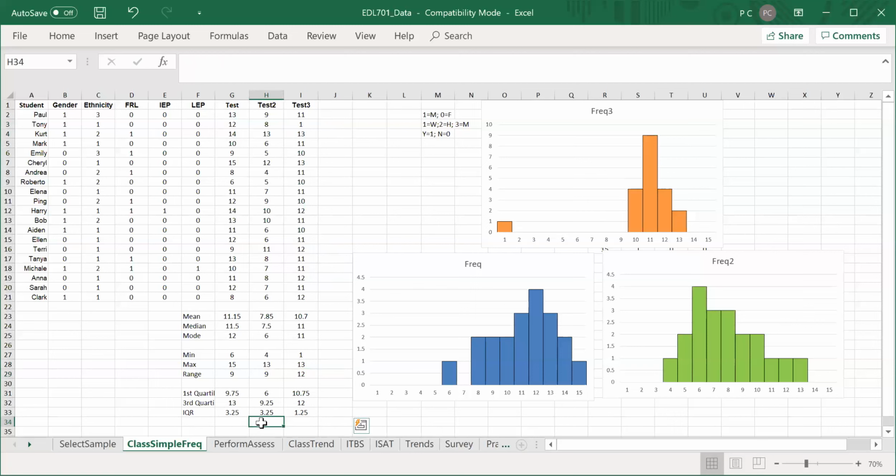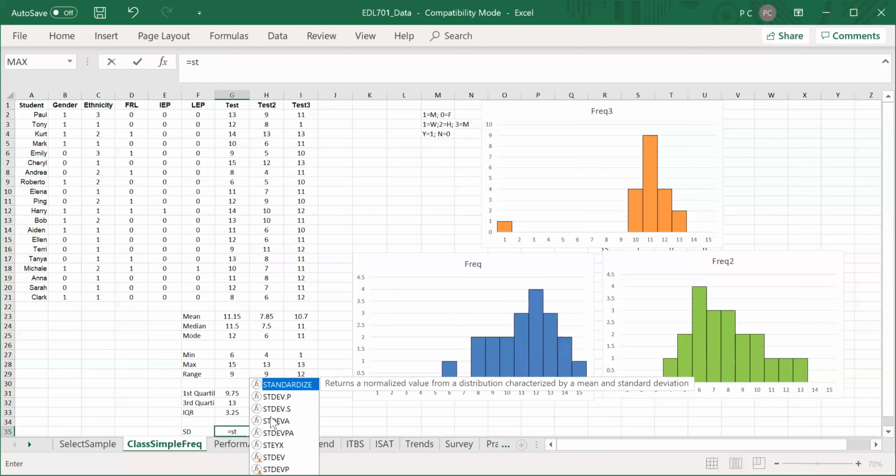The third measure I'm looking at is the standard deviation, which looks at the average difference from the center, basically from the mean. Like the mean, the standard deviation uses all the score information for calculation. To get the standard deviation in Excel, we are looking at the standard deviation for the sample.